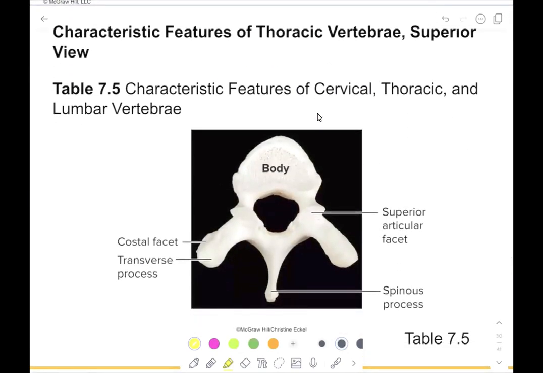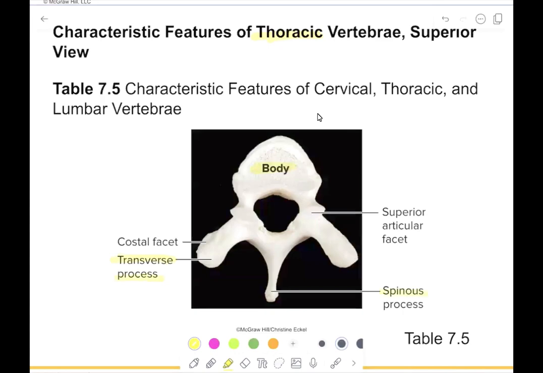This is showing a thoracic vertebra. So in the previous slide, we saw a cervical vertebra, which would only have the transverse foramen in the transverse process. This has a body as well, but it's not going to be nearly as thick as in the lumbar vertebrae. There's a transverse process, but notice there's no transverse foramen in the transverse process.